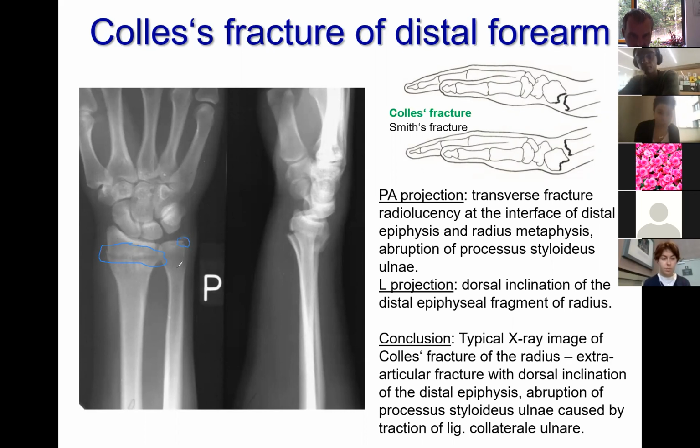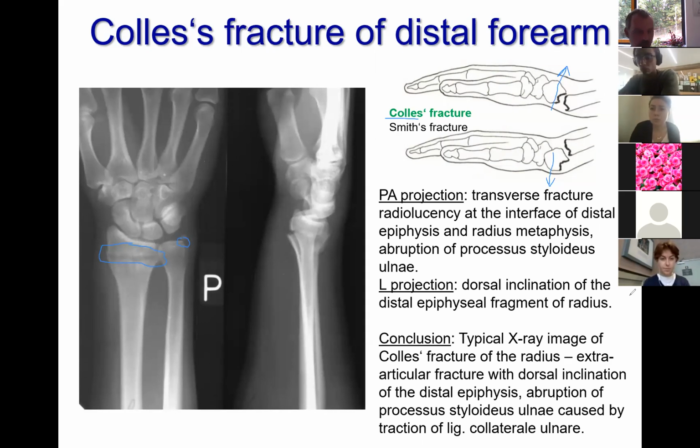I will explain the styloid process in a minute. And the distal fragment moves dorsally, then it's called Colles fracture. When it moves ventrally, then it's called Smith fracture, which is quite rare. Not important. Here is then written, and you can read it, what exactly happens.